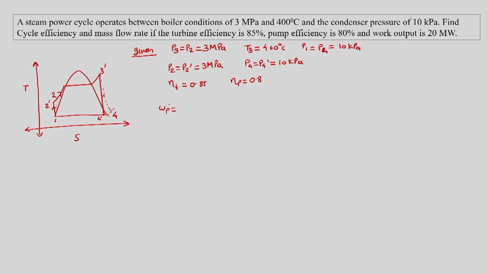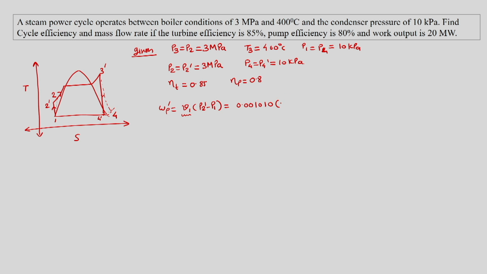So the ideal pump work, we know, is V1 into (P2' minus P1), but P2' is the same as P2, so we can use either. This V is the specific volume corresponding to saturated liquid at 10 kPa, and this turns out to be 0.001010.